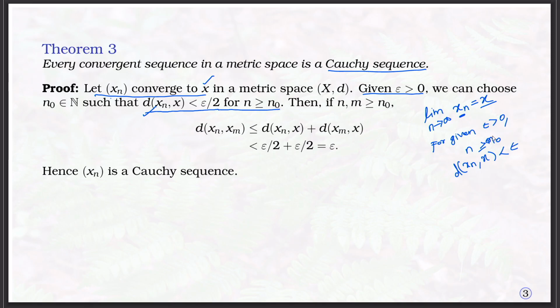So, if one can find it for some epsilon, then one can find it for other epsilon, by choosing an appropriate n, and this inequality is still true.